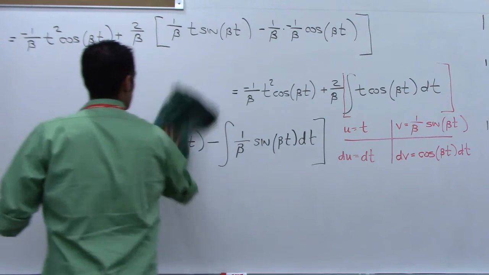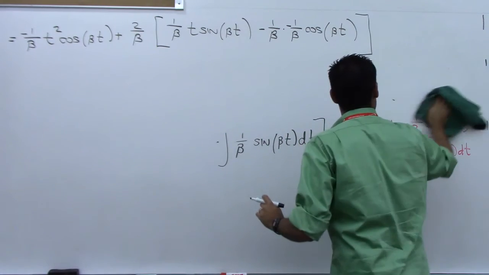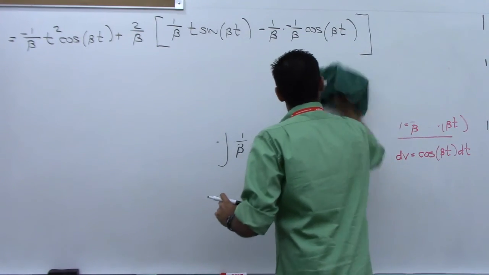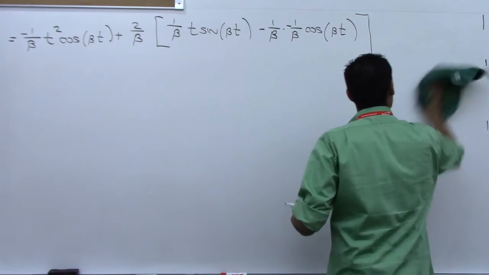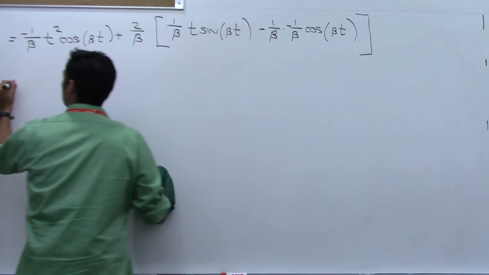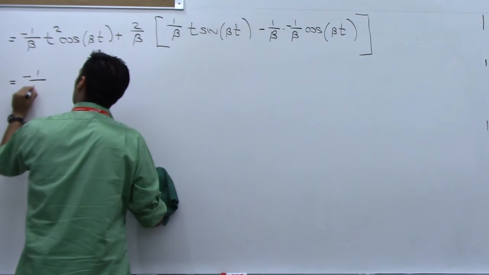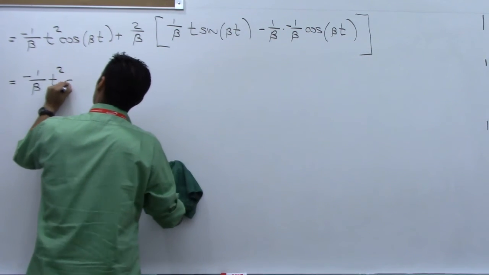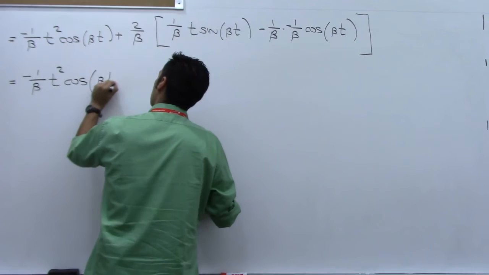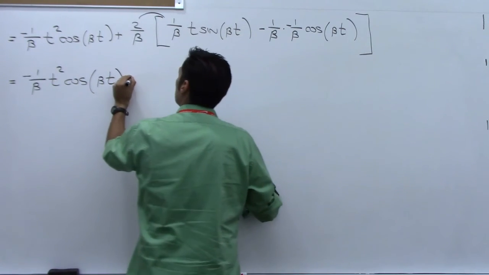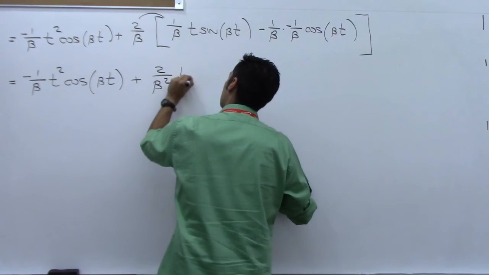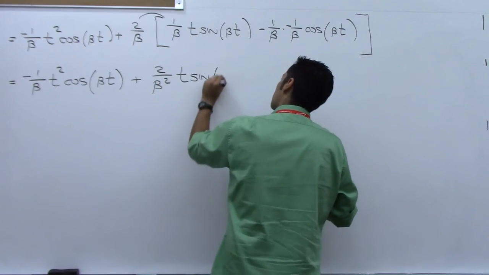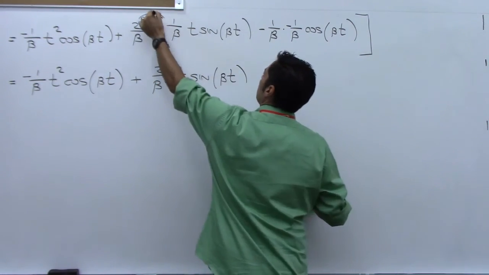Almost done. These problems are getting longer and longer. So negative 1 over beta t squared cosine beta t, distributing through, plus 2 over beta squared t sine beta t.